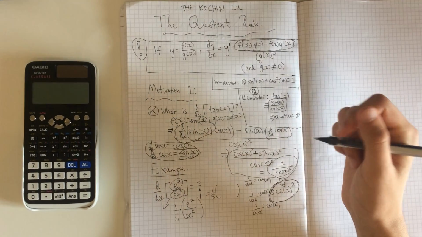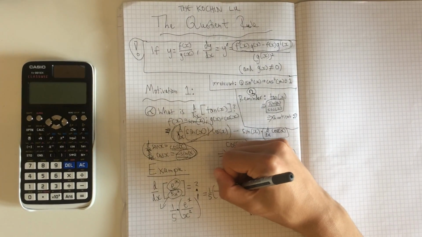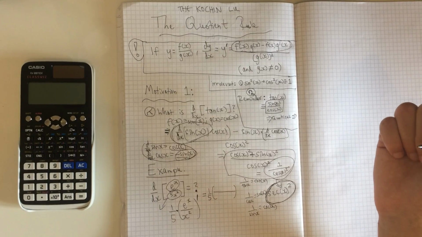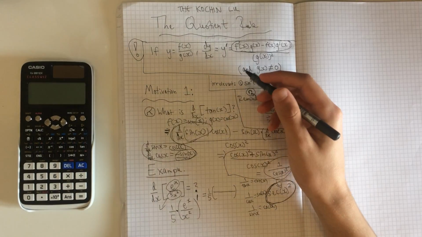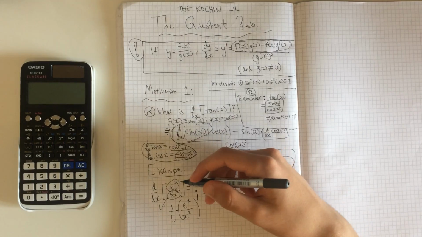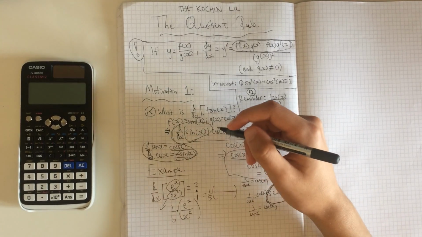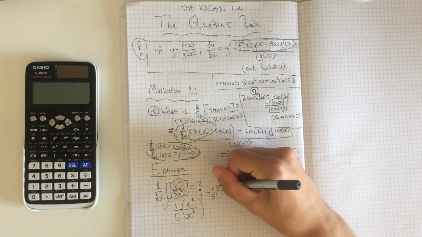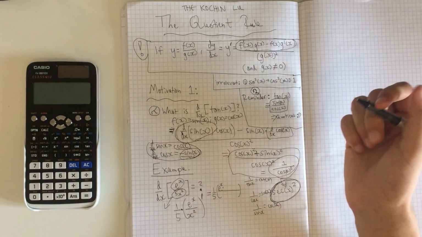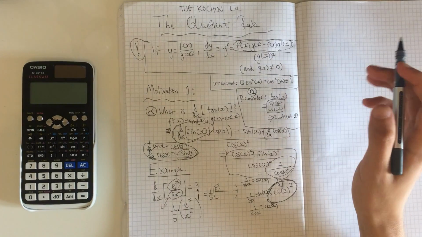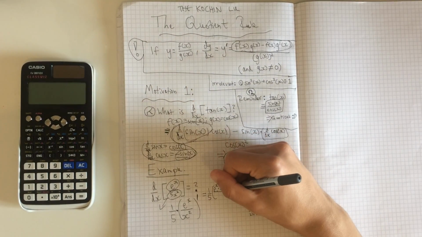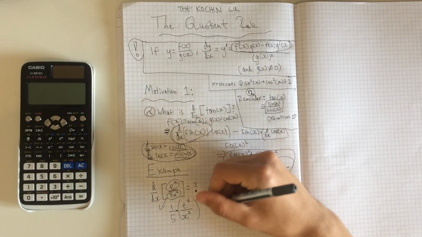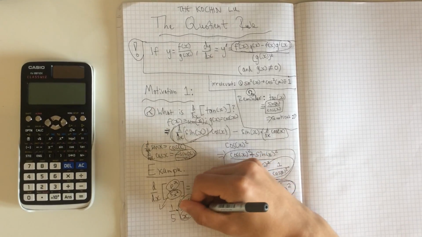So then we get 1 over 5, 1/5 times, we said that f prime here is the same thing as e to the x, because e to the x differentiates and integrates to itself. So that's times g of x, not g prime of x, but g of x, the same as our new g of x.